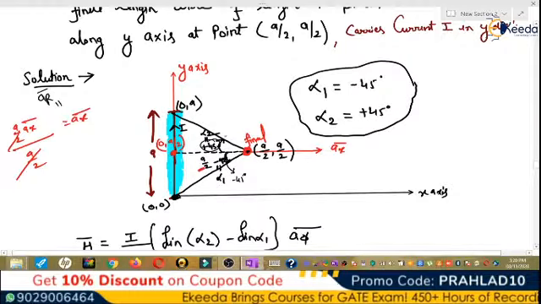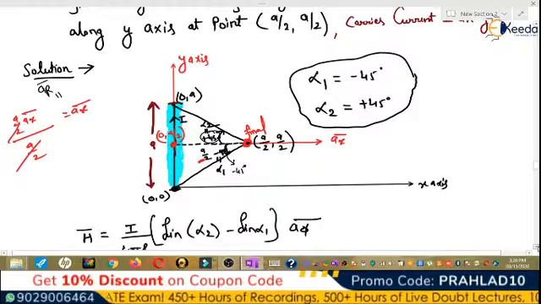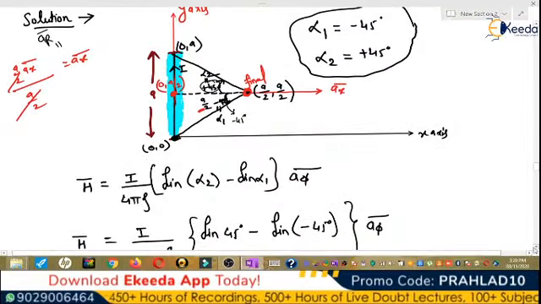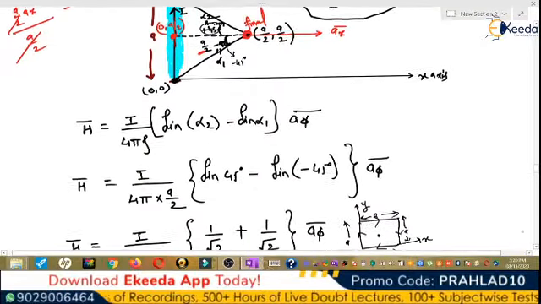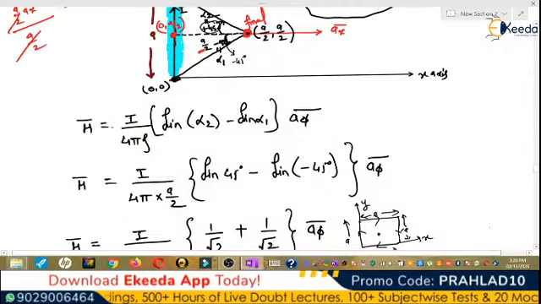So let me join these two ends, and this angle is minus 45 degree and this angle is plus 45 degree. So alpha 1 is minus 45 and alpha 2 is plus 45. So H vector is I by 4 pi rho, sin alpha 2 minus sin alpha 1, a_phi vector.